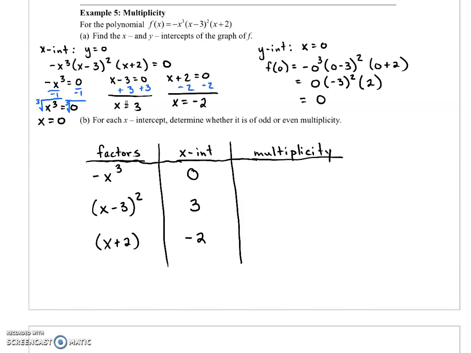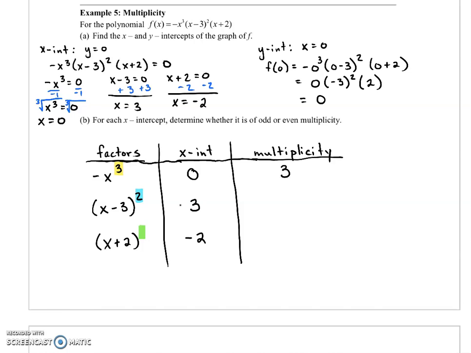So how do we know the multiplicities? We look at the exponents. So for our x-intercept of 0, the exponent on the factor was a 3, so it has a multiplicity of 3.